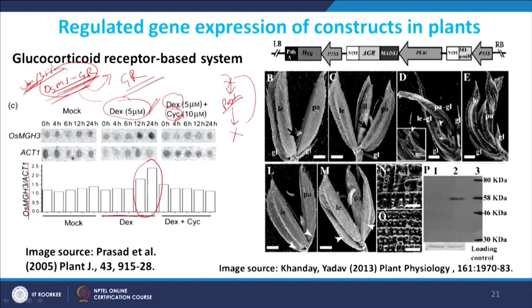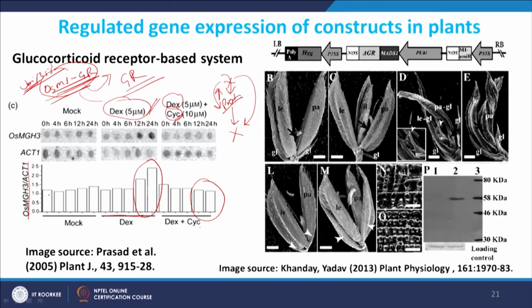So, the MATS1 indirect target will not be activated, but the direct target will be activated, and that is how you can see here when we treat with dexamethasone and cycloheximide together, you cannot see the activation of OSMGH3. This tells that OSMGH3 is not directly regulated by MATS1, but it is indirectly regulated by MATS1.